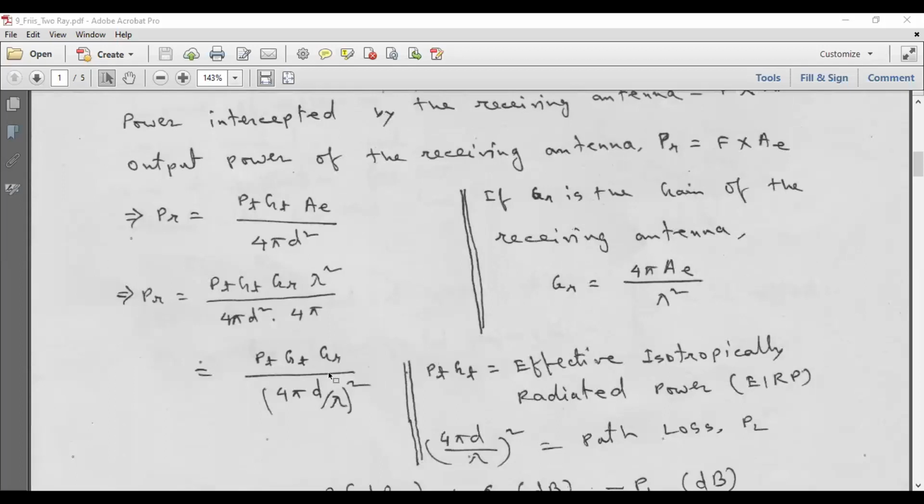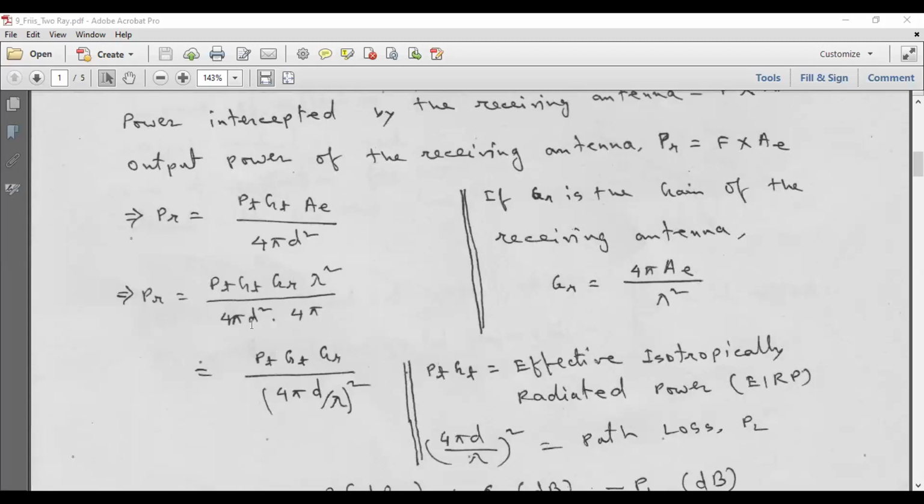Okay, and then you have some antenna at the transmitting and the receiving end. This antenna has some directivity, which we'll call gain. Okay, so the gain of the antenna at the transmitting end will be denoted as GT, and that at the receiving end will be denoted as GR.